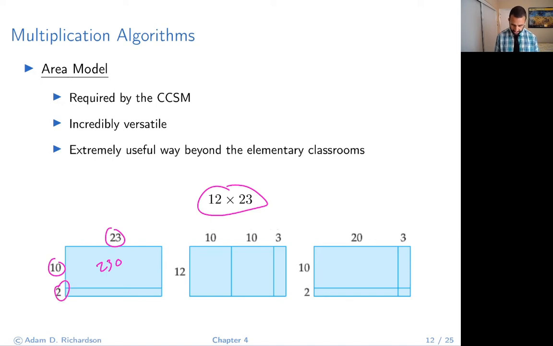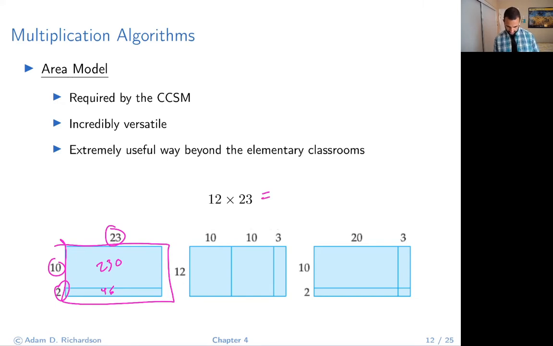And then what is 2 times 23? That's 46, right? So the area of that little sliver there is 46. And then if you want to know what 12 times 23 is, you just add up all that area, and that'll be the answer. So in this case, our answer is going to be what? 276. There you go. So that's the answer, 276.